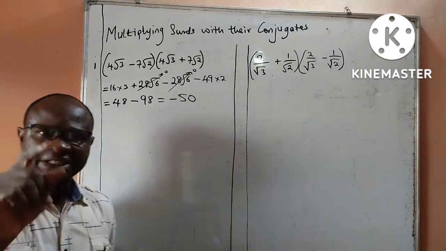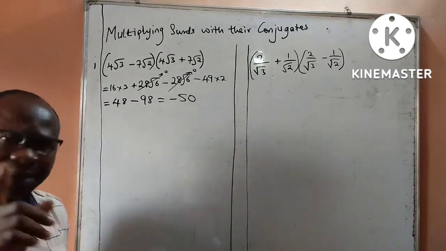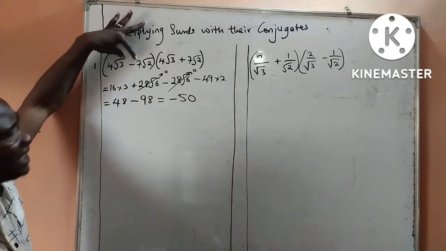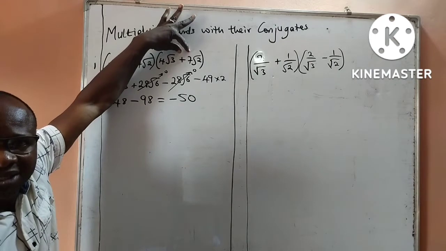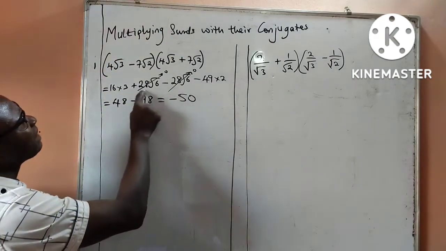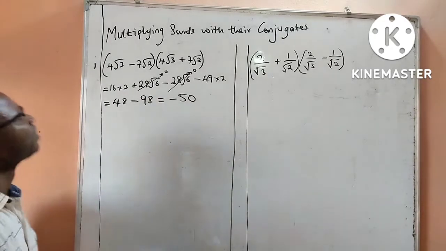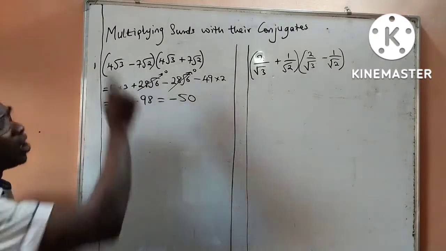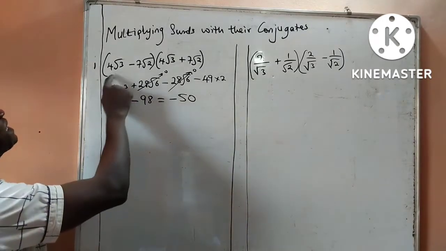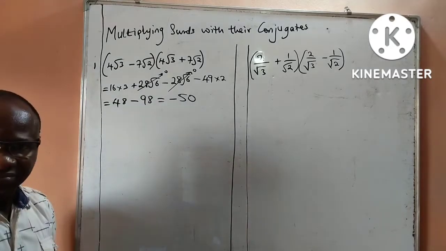Answer. There is an observation here I want us to see very well. That observation is, when I multiply this surd by its conjugate, you can notice with me that the two in the middle cancelled out, leaving me with the squares of the surds. In other words, leaving me with the difference of the squares.